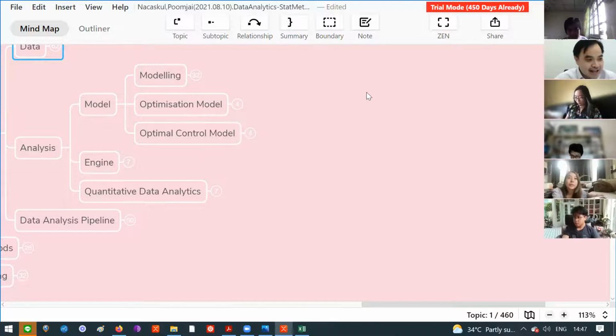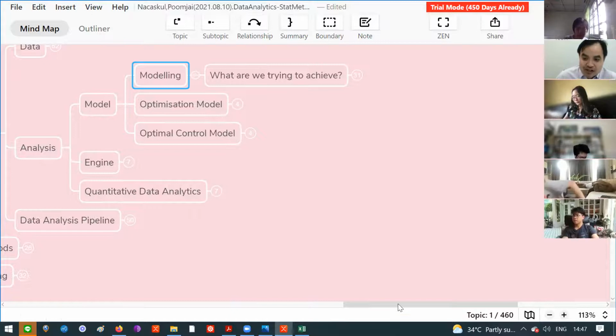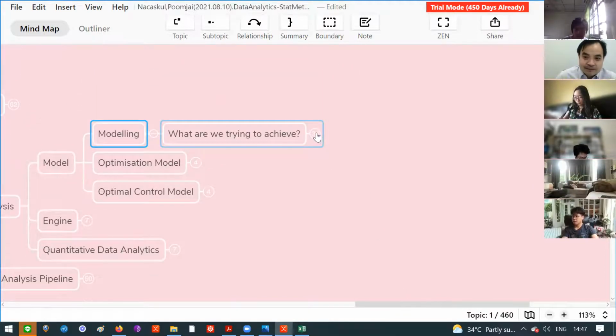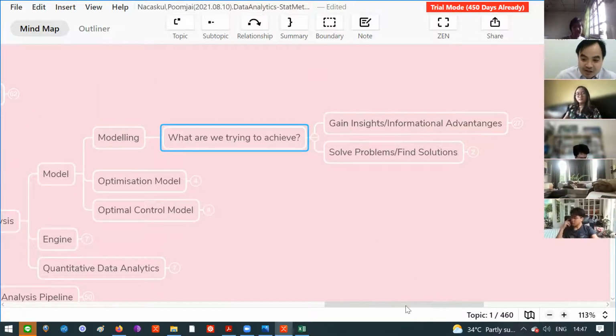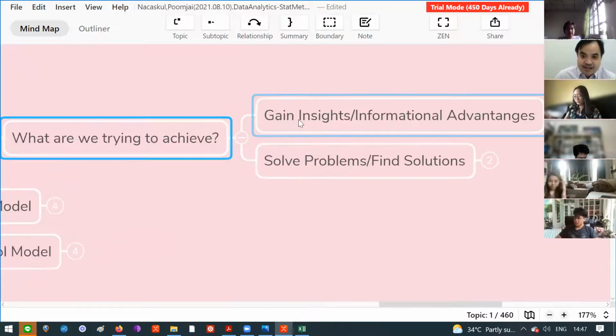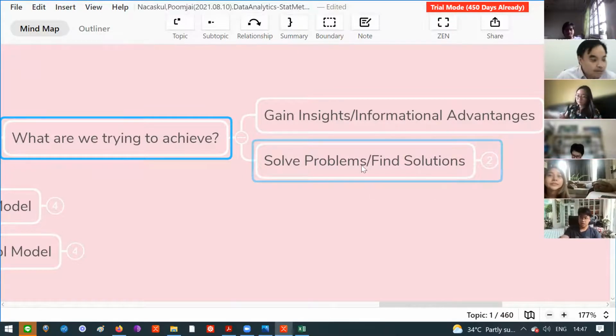But in this case, you're not modeling the entities, you're modeling the relationship, the dynamics, the causation, and so forth. So, what are we trying to achieve with respect to modeling? We want to gain insight, some kind of informational advantage to solve problems, to find solutions.